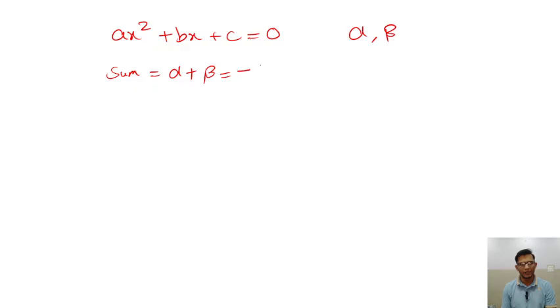The sum of roots is equal to minus b upon a, and there is one more relation, the product of roots, that is alpha into beta equal to c upon a. You have to use these relations to solve some questions.